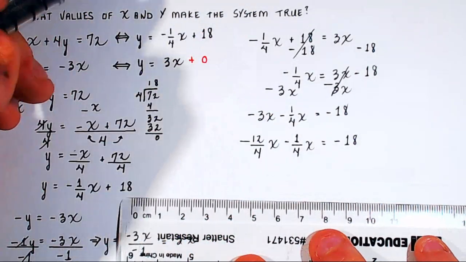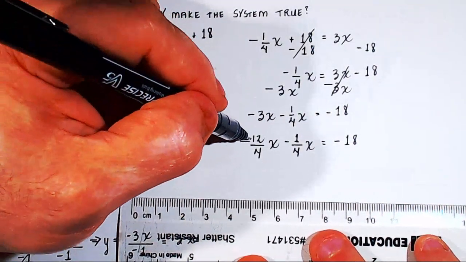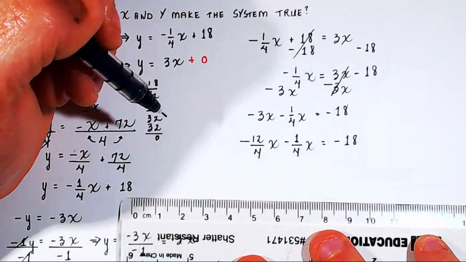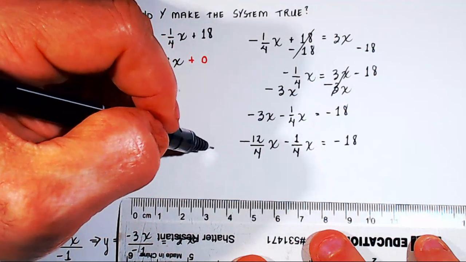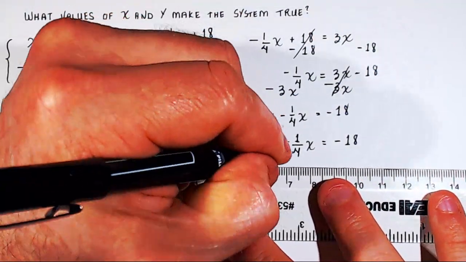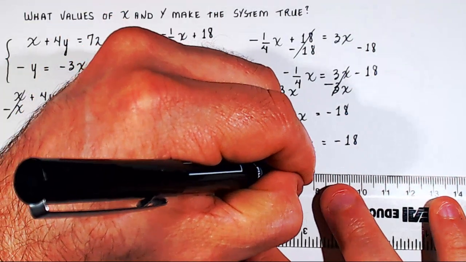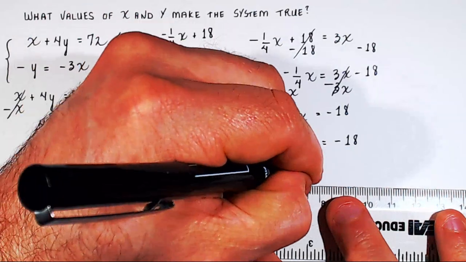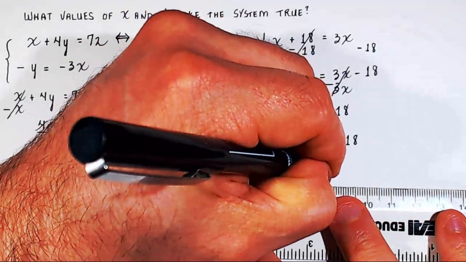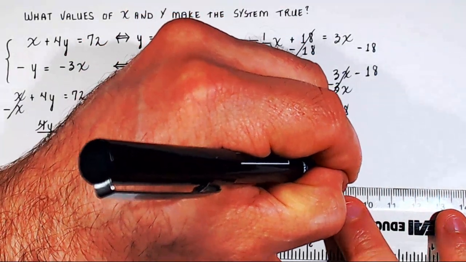Okay, the absolute value of the numbers get bigger. So I have negative 12 minus 1. That means I'm going to end up with negative 13. Okay, so I have negative 13 over 4 x equals negative 18.